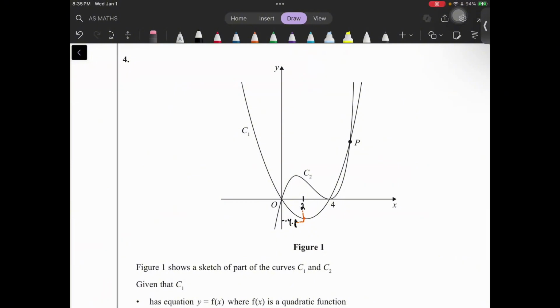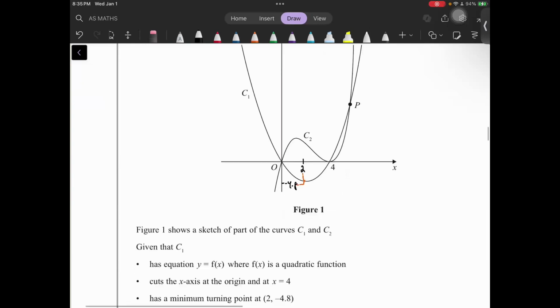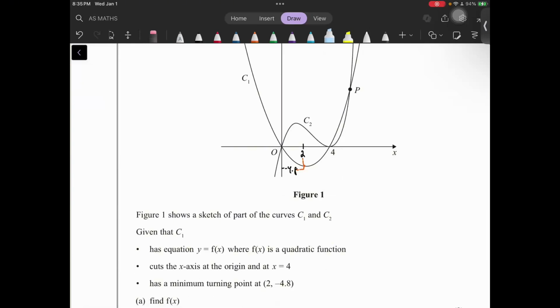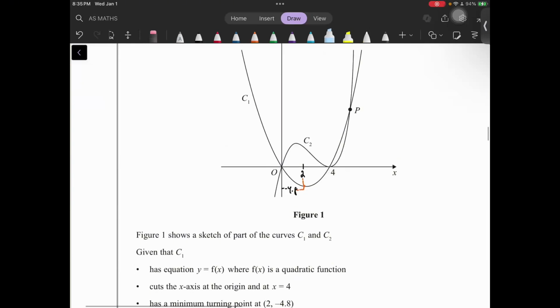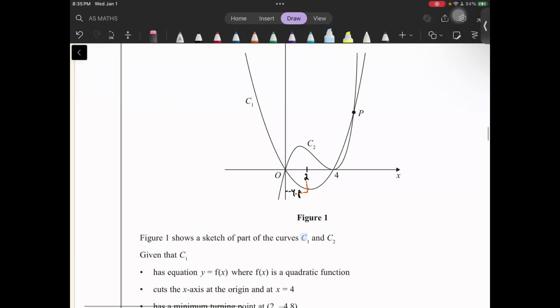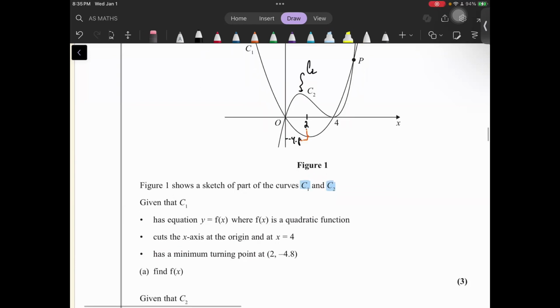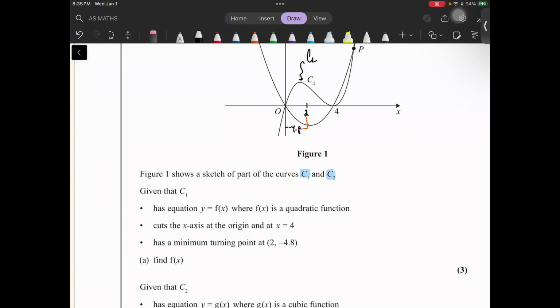Right, so in the fourth question, it says that figure 1 shows a sketch of the parts of the curve C1 and C2. Okay, this is C1, and this one is C2. Curve C1 has the equation y equals f of x, where f of x is a quadratic equation.